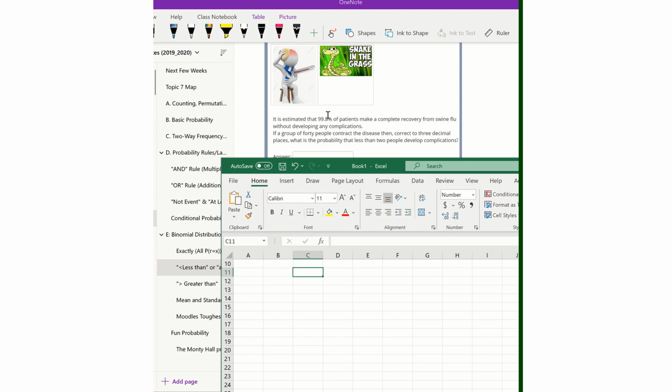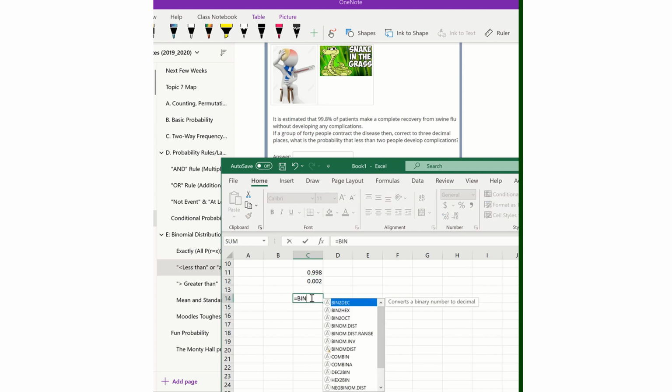So this is not your probability of success as such here. If you were to get better, it would be 0.998, and therefore to develop complications would be equal to 1 minus 0.998, which is what we're interested in for this question. And that's what we consider to be our probability of success.